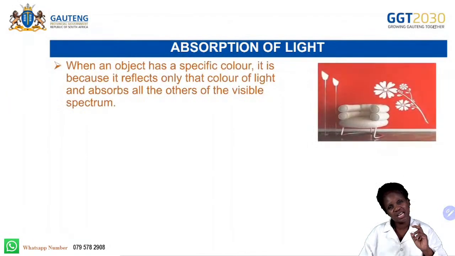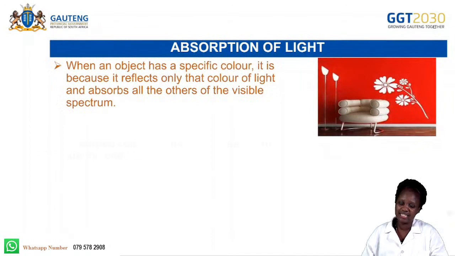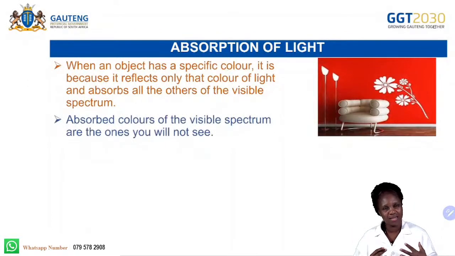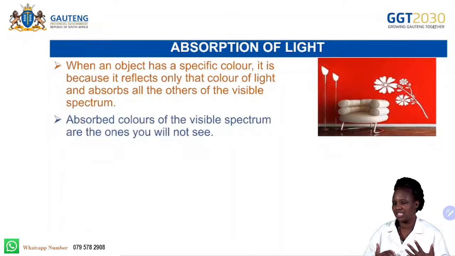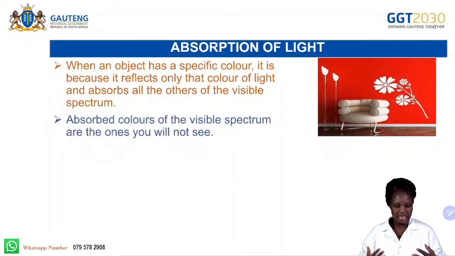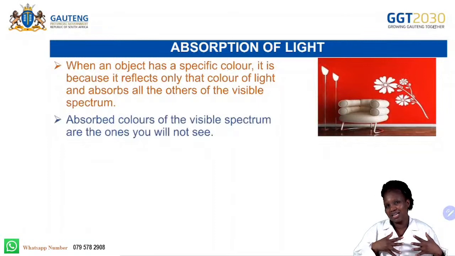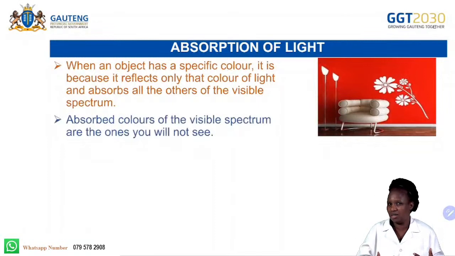When an object has a specific color, it is because it reflects only that color of light and absorbs all the other colors of the visible spectrum. What do we mean by that? Let's say the surface is red, and then the incident rays are the colors of the rainbow, the visible spectrum.